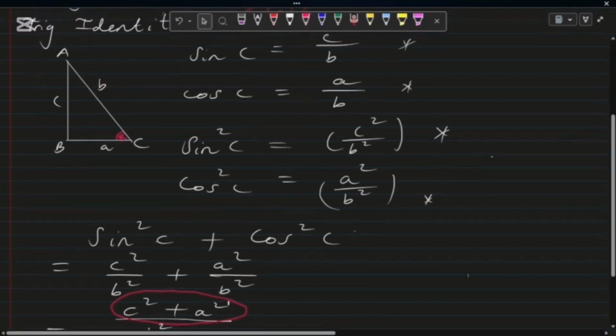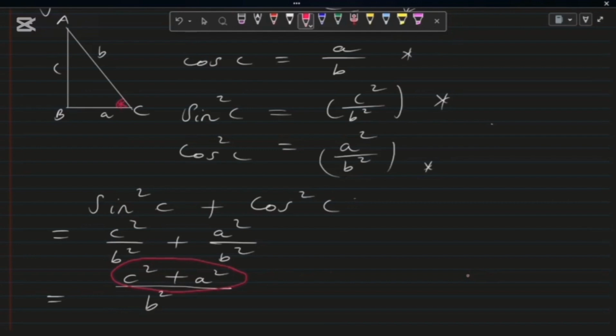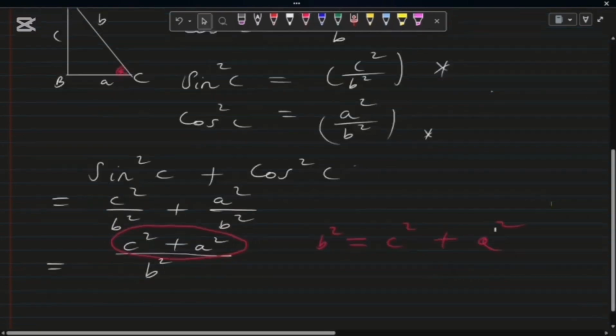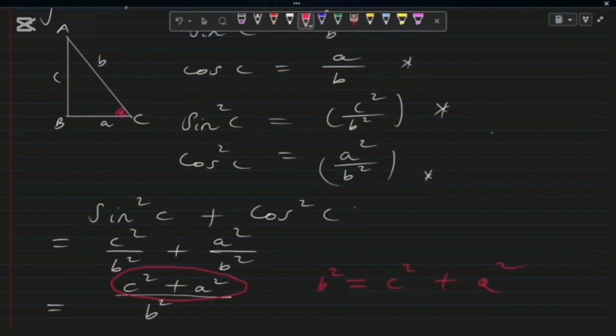You will recall that we have the theorem of Pythagoras, whereby the hypotenuse squared, which is B squared in our case, is equal to the sum of the other two sides squared. So this is the theorem of Pythagoras as far as this setup is concerned.